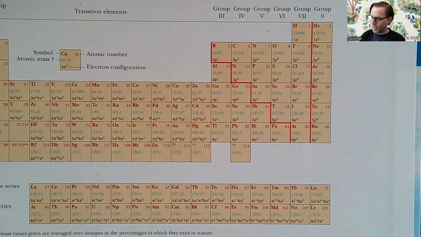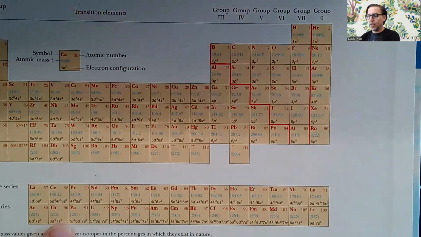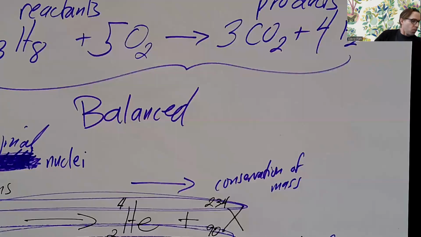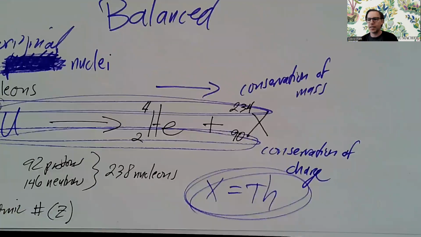Where is there a 90? Do you see it down there? TH, is that thorium? So it's TH. So then if that were what we were wondering about, I could say X is TH. And we found what it turned into. X is TH.